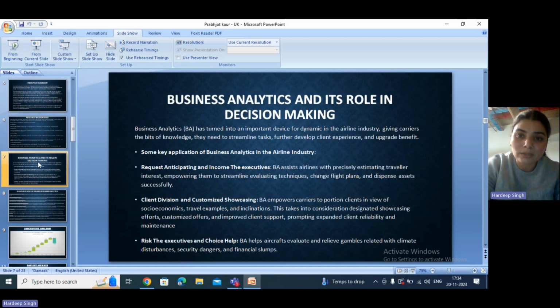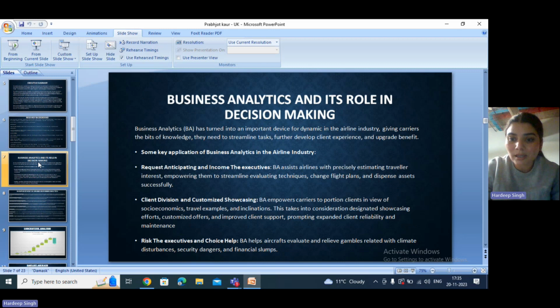The most important facts are in decision making, because decision making plays an indispensable role in any industry. Business analytics has become an important tool for decision making in the airline industry, giving companies the insights they need to streamline operations, improve customer experience, and enhance profits.